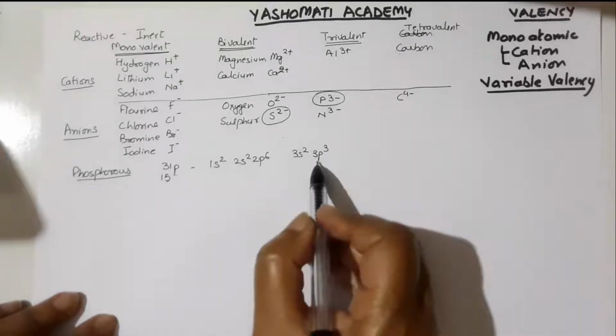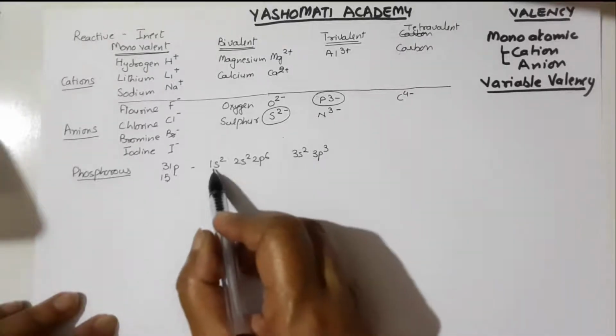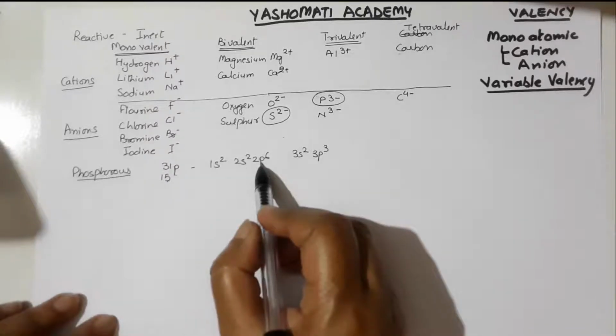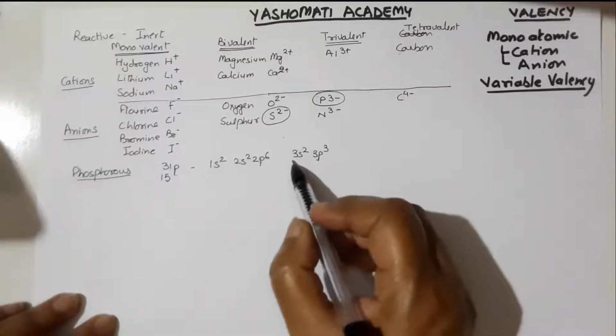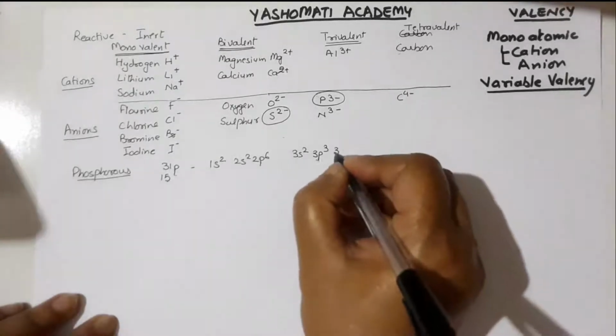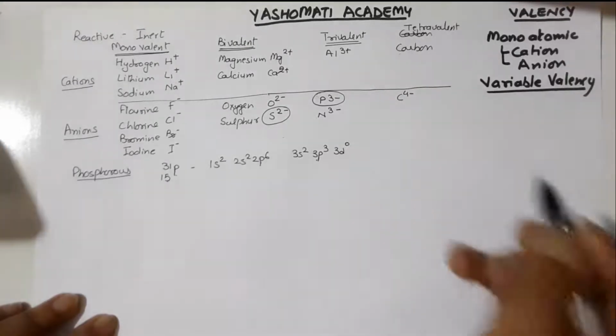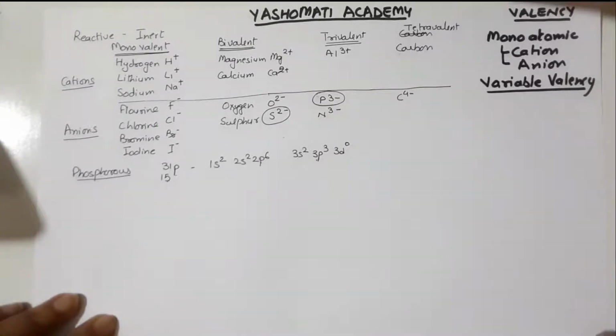Now what we see here is that the first shell has only one subshell, the second shell has two subshells and the third shell has three subshells. That means 3d is present, but it is having no electron in it.